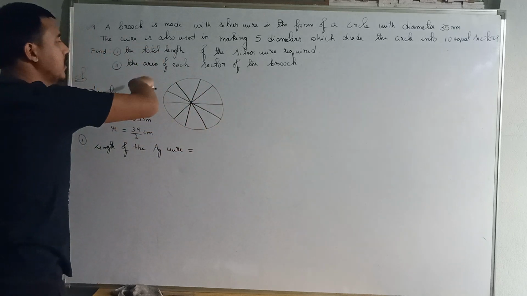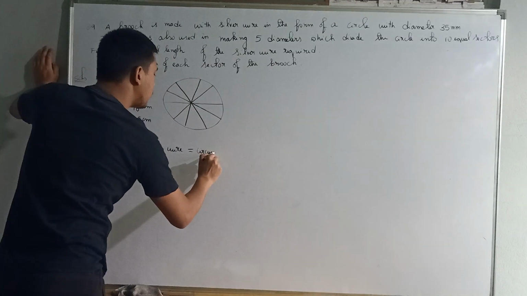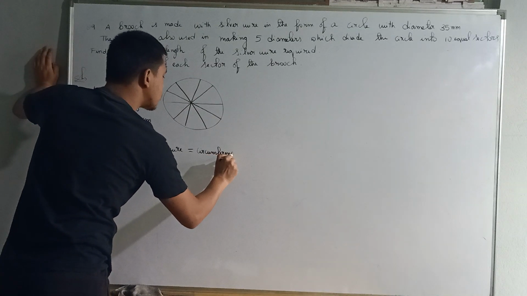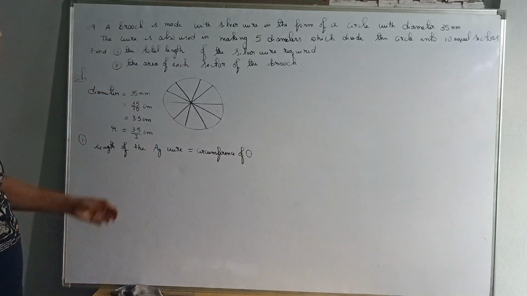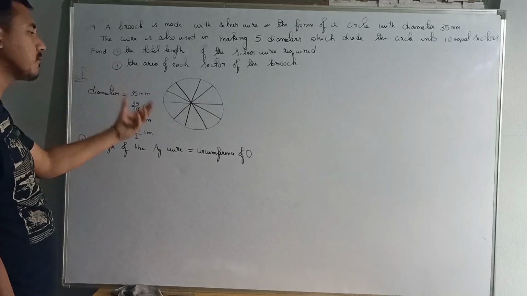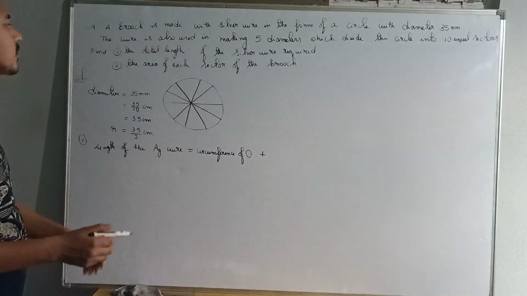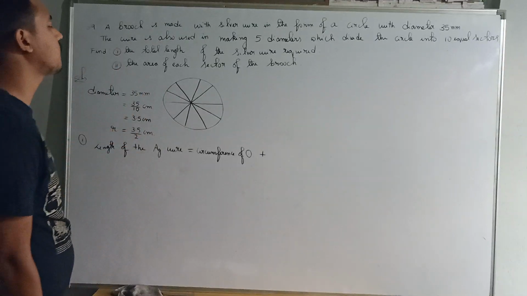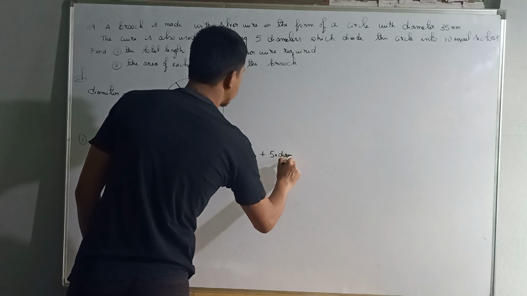So the length of the wire used in making the circle will be the circumference of the circle. Also the wire has been used in making 5 diameters. So plus the length of the wire required for making 5 diameters, 5 into diameter.